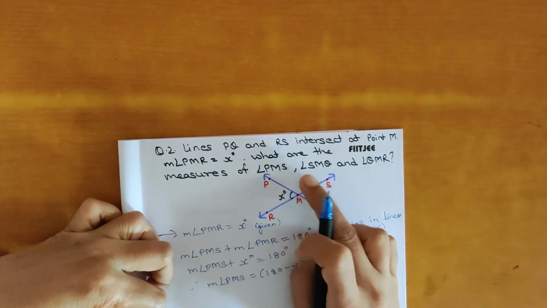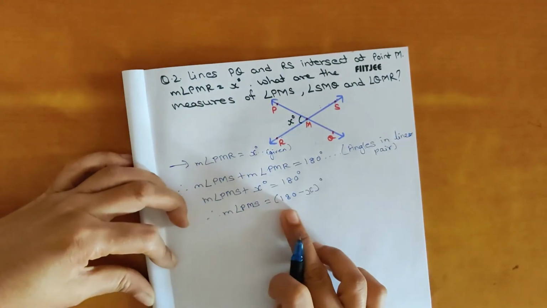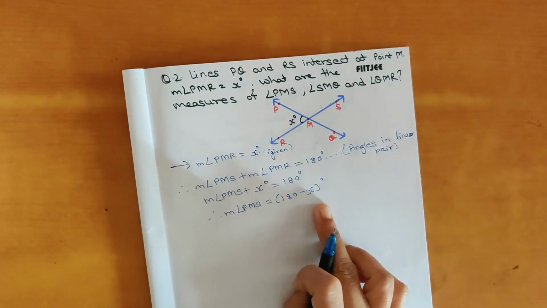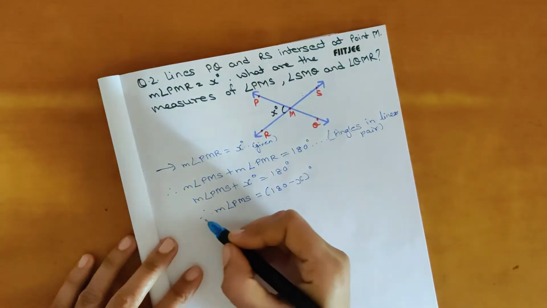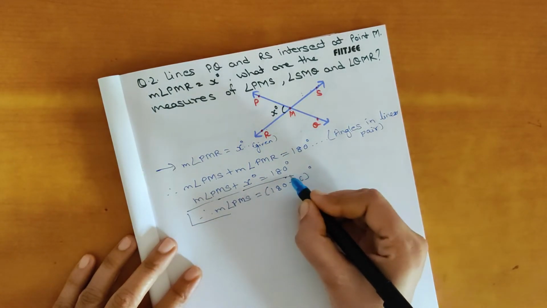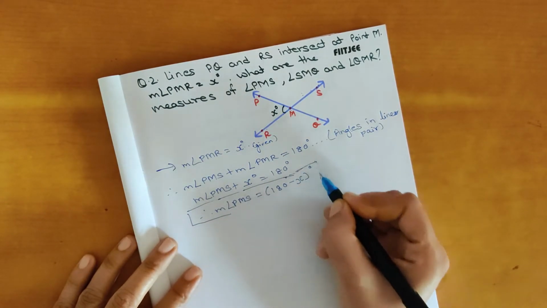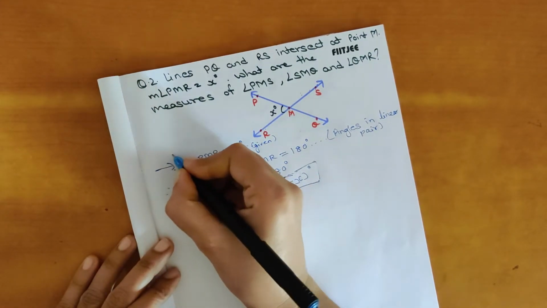So this plus this is equal to 180 degrees. So we got the value of angle PMS, that is 180 minus x degrees. This we got for the first one.